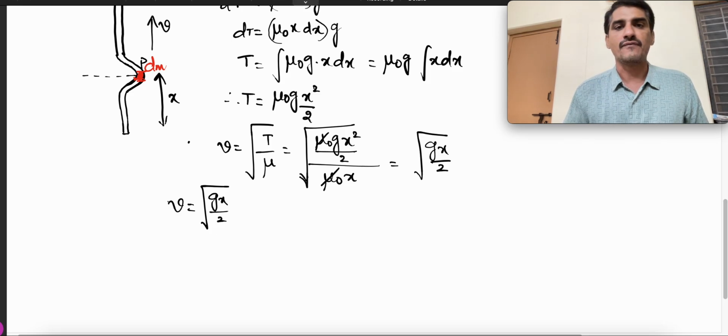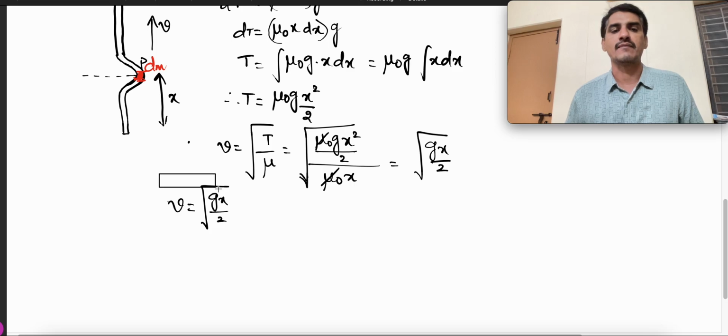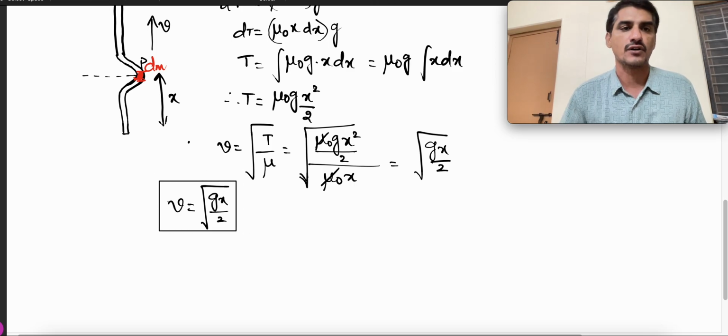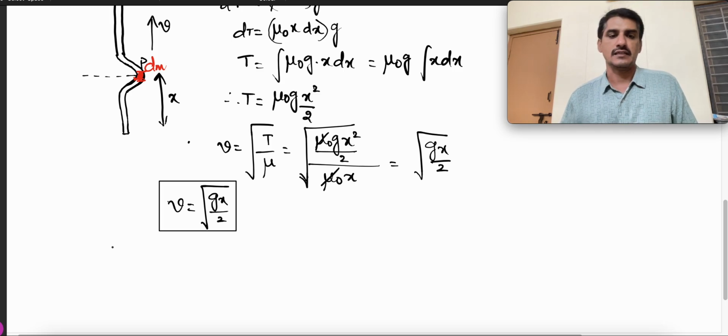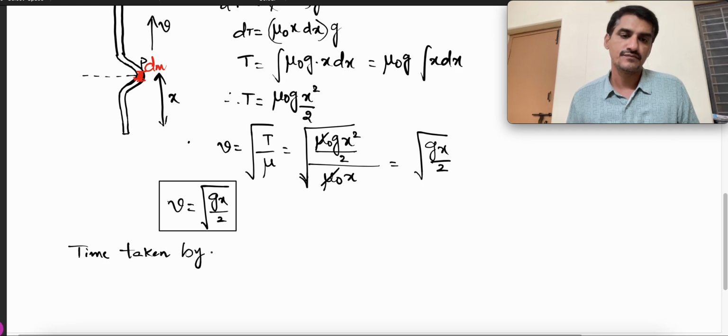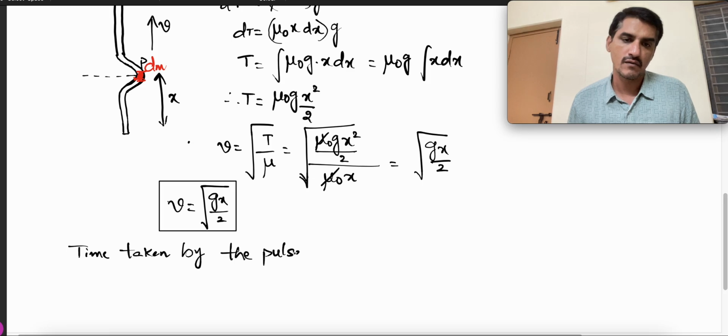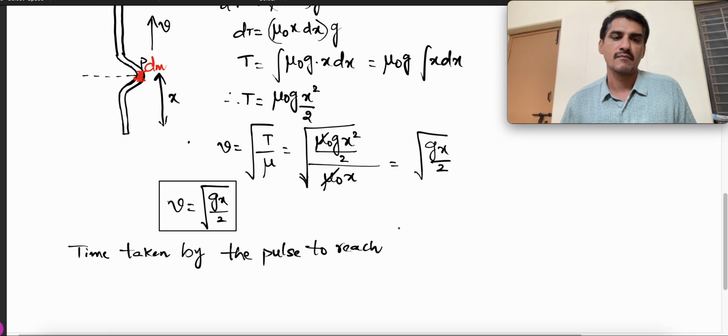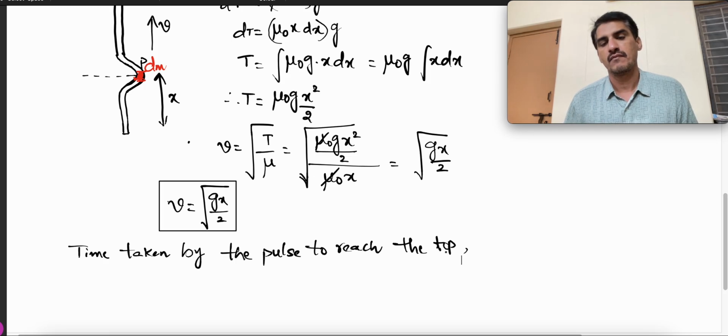Now we are finding out the time taken. How much time does it take to reach the top? So for that, time taken by the pulse to reach the top of the rope.